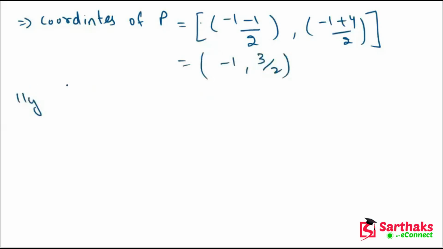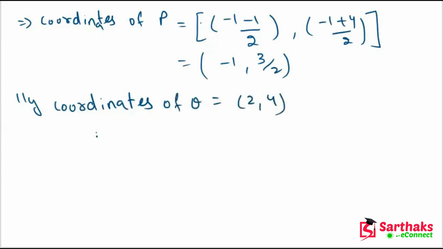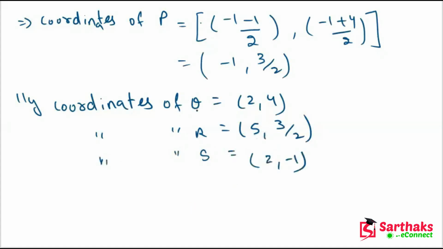Similarly, the coordinates of Q are 2 comma 4, and the coordinates of R are 5 comma 3 upon 2. If you solve it, you can find it easily, it's not a big deal. And S is 2 comma minus 1, so we have the coordinates of P, Q, R and S.